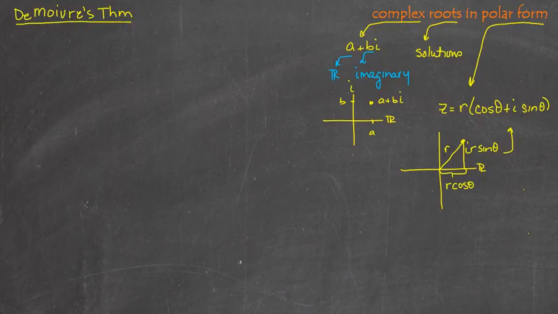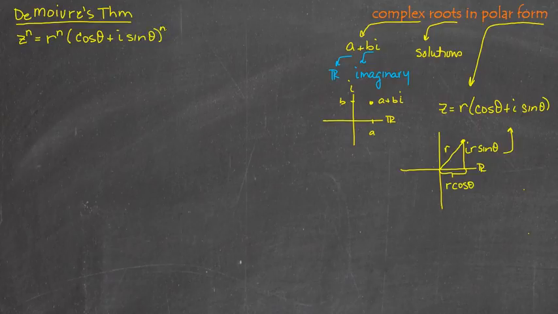It basically says that I can find the power of a complex number by raising it to the nth power, and that would be equal to r to the nth times cos theta plus i sine theta, all to the nth power.